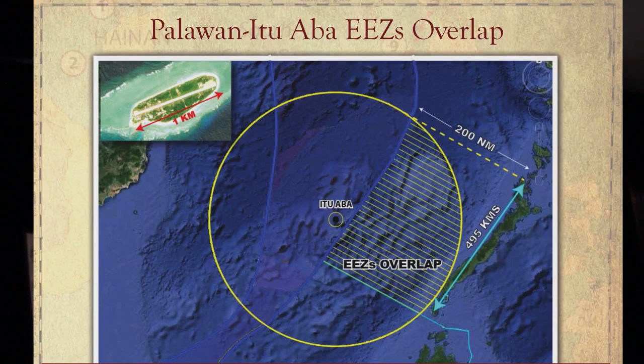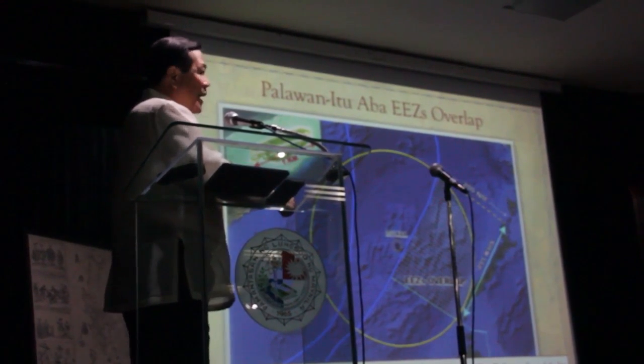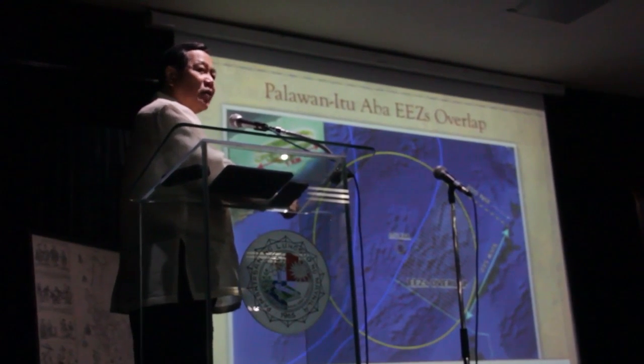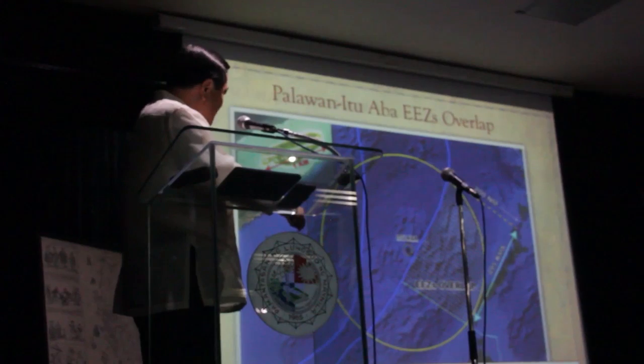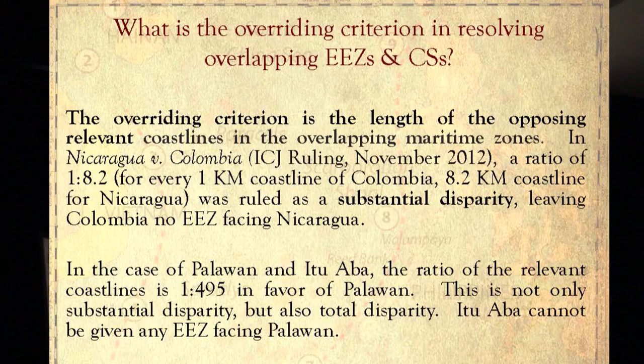Now, what is the rule under international law? The rule is the length of the coastline. The country that has the longer coastline wins. In the case of Nicaragua versus Colombia, the court said the overriding criterion is the length of the opposing relevant coastlines in the overlapping maritime zones. A ratio of 1 to 8.2.